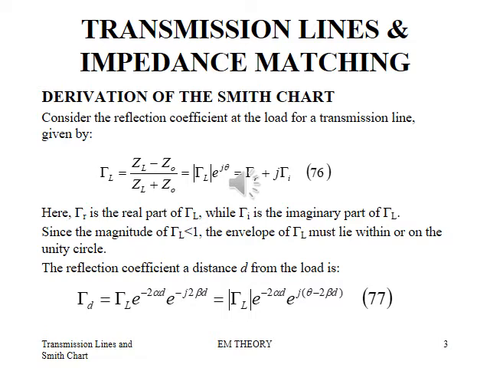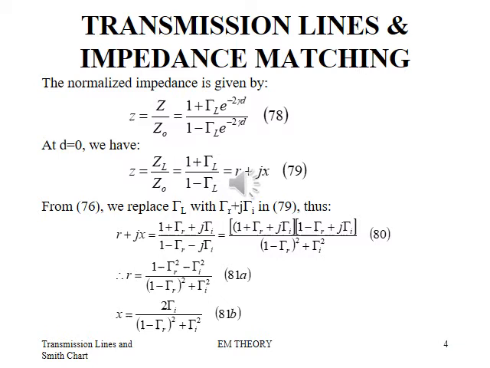Now, the normalized impedance is given by Z over Z_0, where Z_0 is the characteristic impedance of the line, which is given by (1 + Γ_L e^(-2γd))/(1 - Γ_L e^(-2γd)), as shown in equation 78.